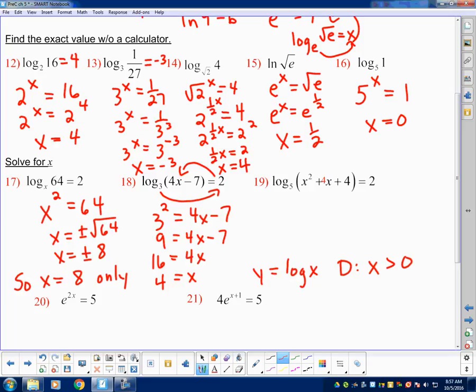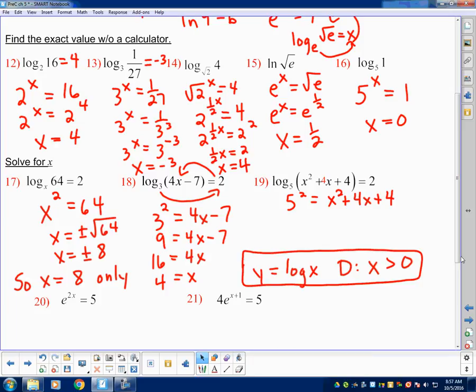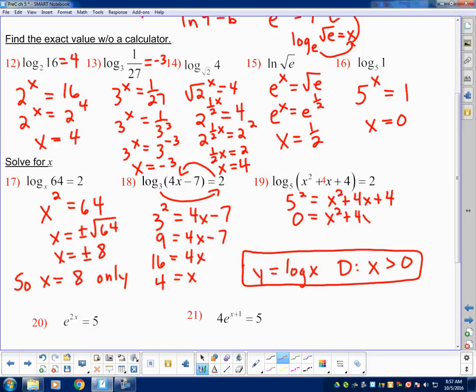This one right here, we have 5 squared equals x squared plus 4x plus 4. And so that's 25. I'm going to move the 25 over, so 0 equals x squared plus 4x, and 4 minus 25 gives minus 21.